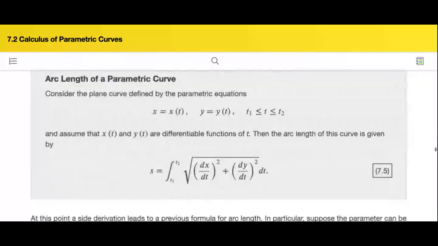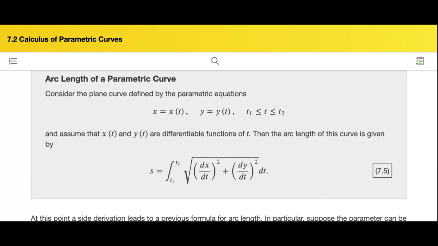So we have a parametric equation x of t, y of t, where t runs from t1 to t2. The length from t1 to t2 would be the integral from t1 to t2 of the square root of dx dt squared plus dy dt squared.